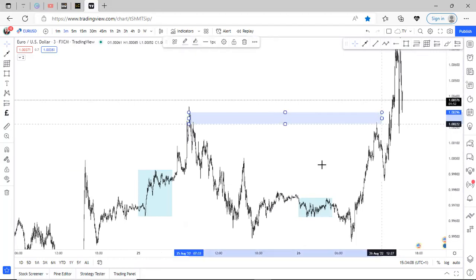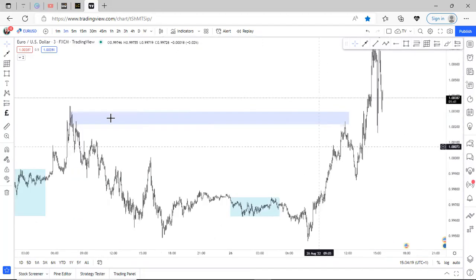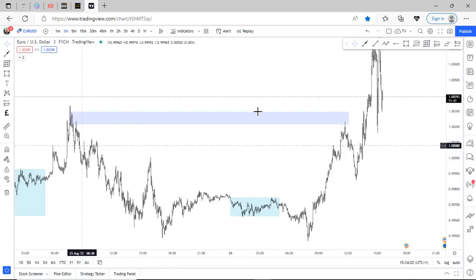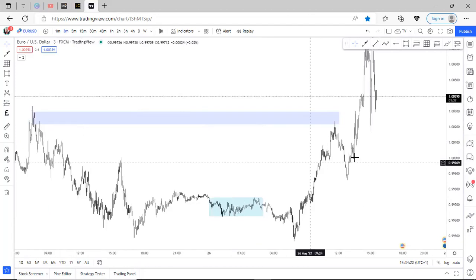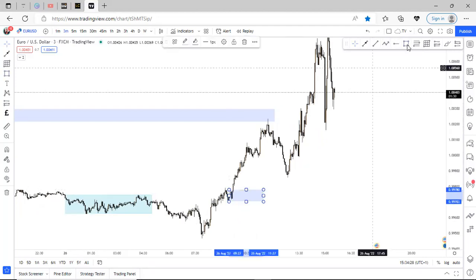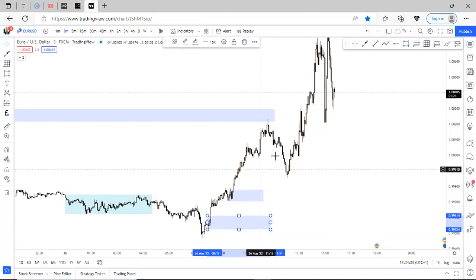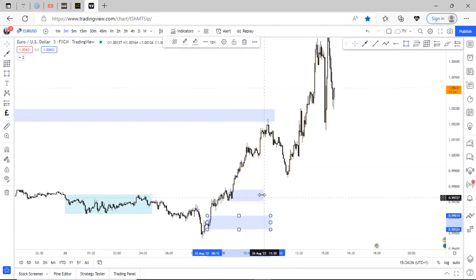But because we were in New York session and because I had seen that setup on GU for a perfect sell that I showed to you, I was like, okay, we could probably sell EU too, because if you look at this push to the upside, we have demand zones, we have demand levels that still need to be mitigated and filled. So it still kind of makes sense to sell EU as well.